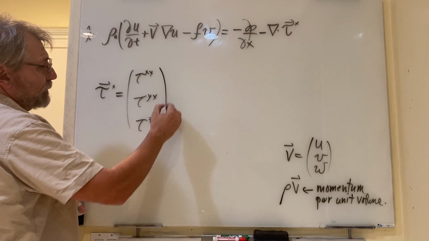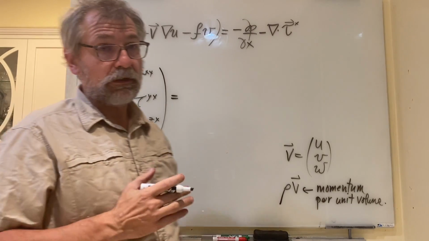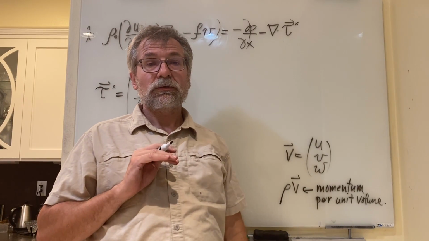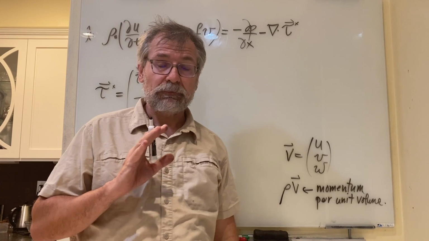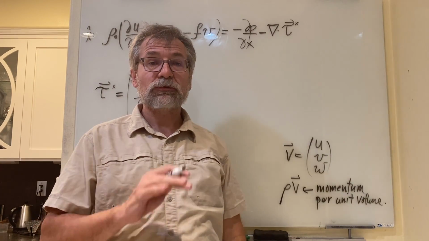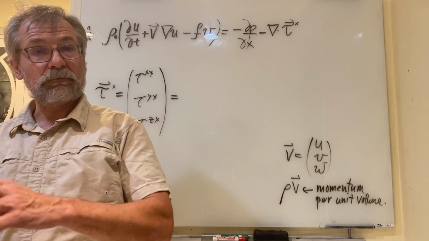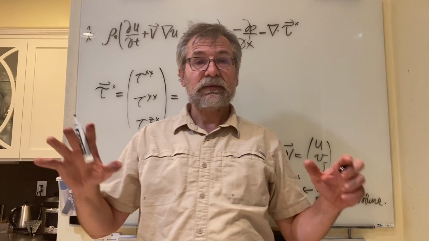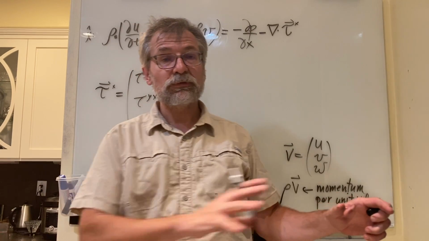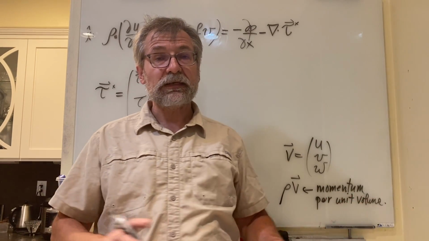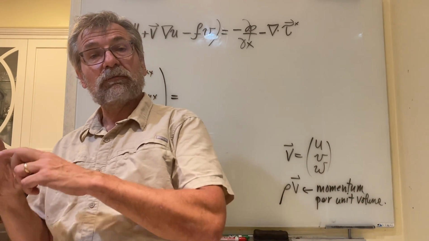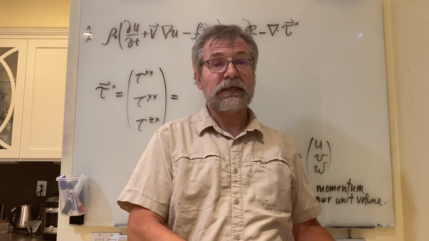And the way we parameterize these, we will assume that they are like a molecular diffusivity. So it'll be a down gradient flux, a Fickian flux. So if you have a region with a lot of momentum here and less momentum here, then the idea is that the turbulence will try to smooth out the momentum or eliminate the gradients and transport the momentum from a place where there's lots to a place where there's less.